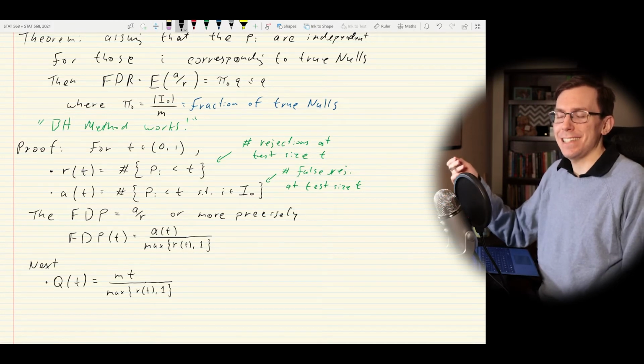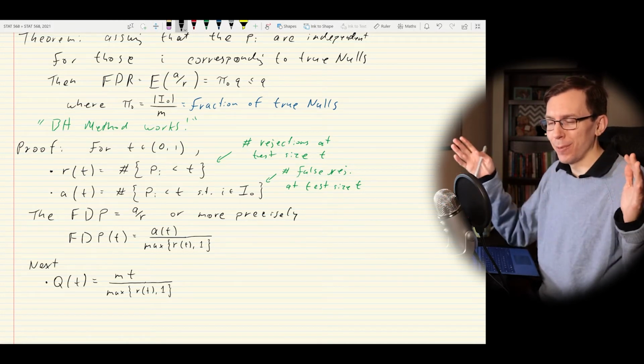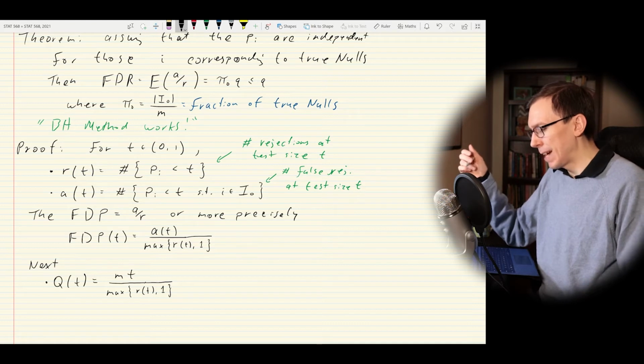T is just a number between 0 and 1. M is the total number of hypotheses.